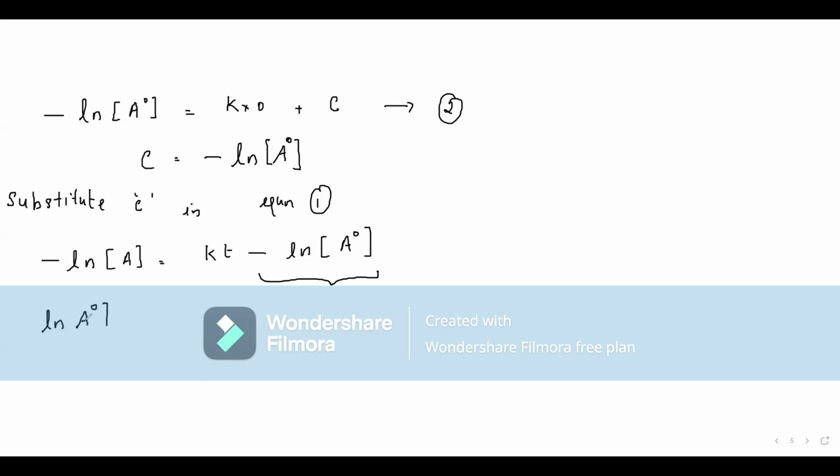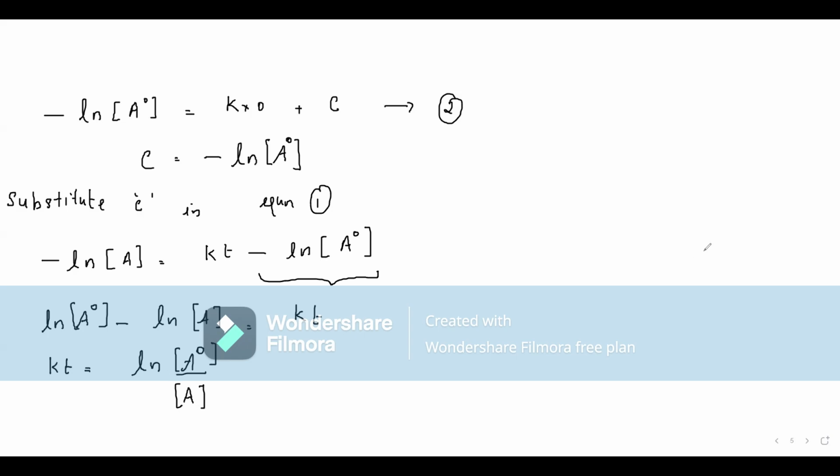Ln A naught minus ln A is equal to KT. So log x minus log y is log x by y. So this is ln A naught by A, concentration of A naught by concentration of A.